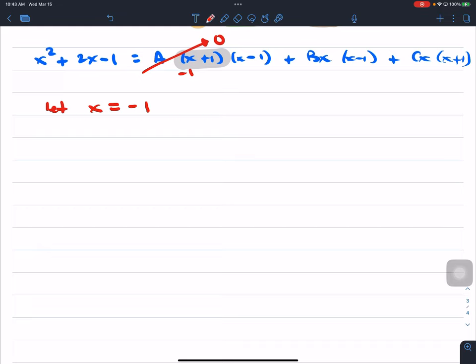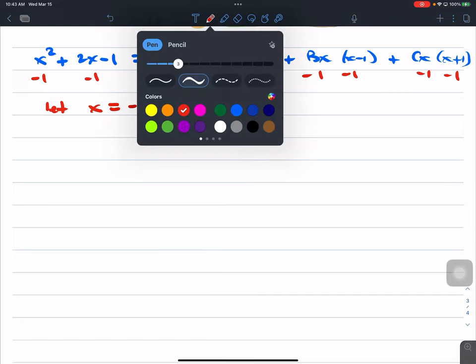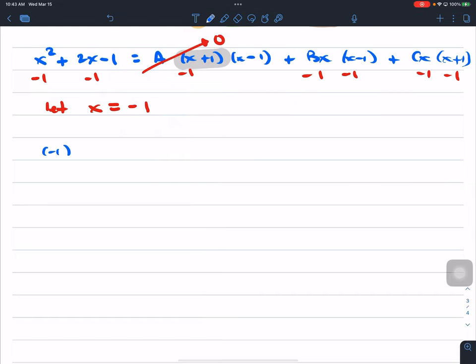I just have to make sure every x is negative 1. Now, notice on the left side, you get negative 1 squared, 2 times negative 1, minus 1. This is b times negative 1, negative 1 minus 1, c times negative 1, negative 1 plus 1.